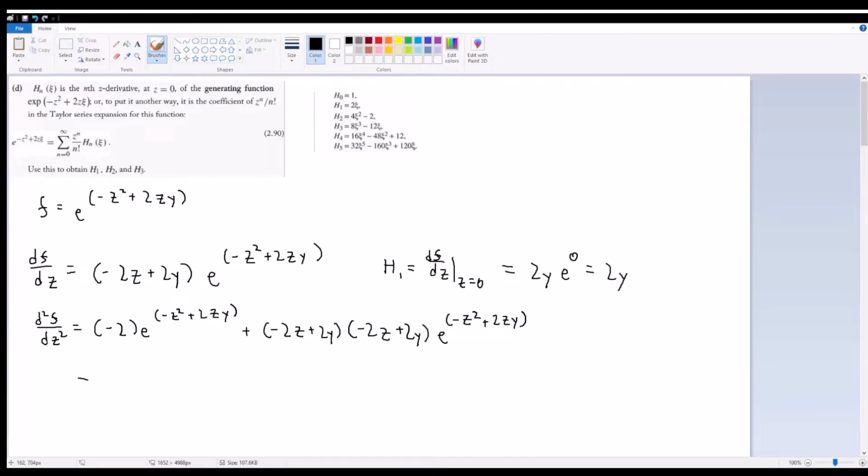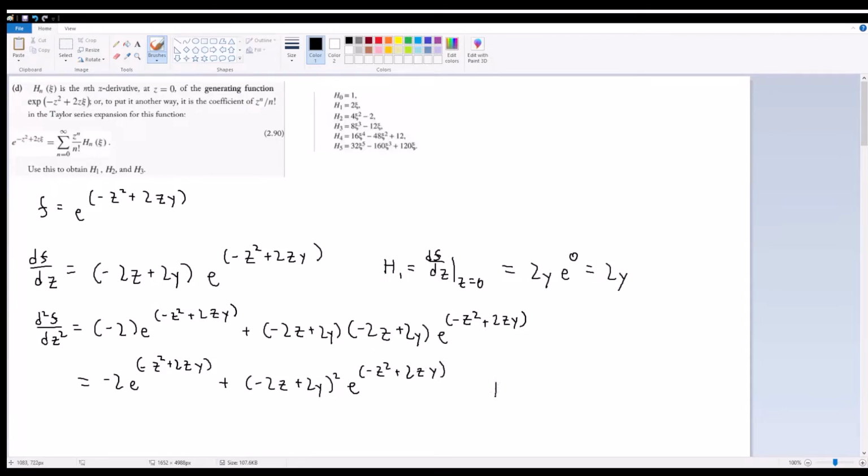This gives us negative 2 e to the power of negative z squared plus 2zy, plus negative 2z plus 2y squared times e to the negative z squared plus 2zy.